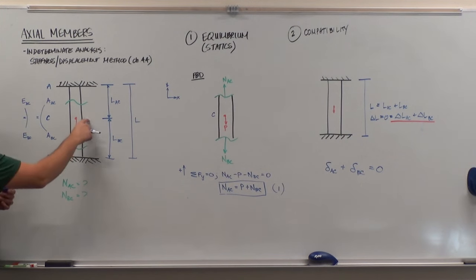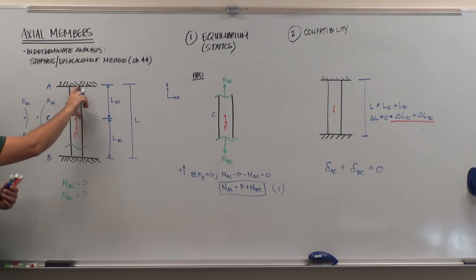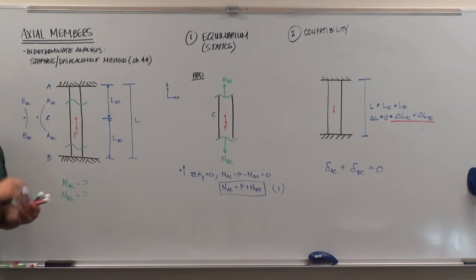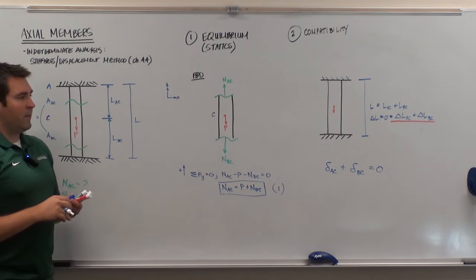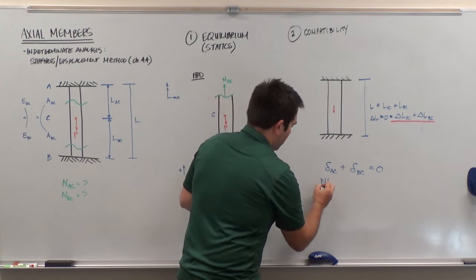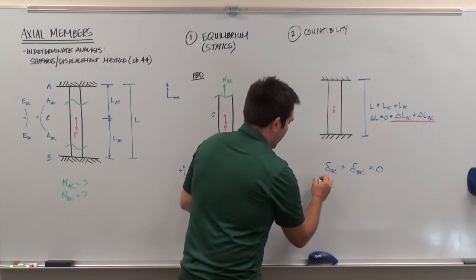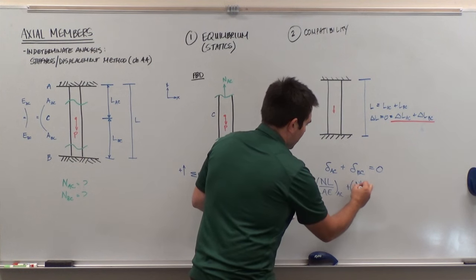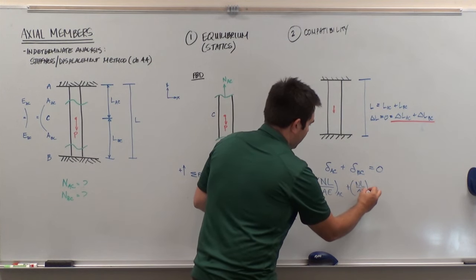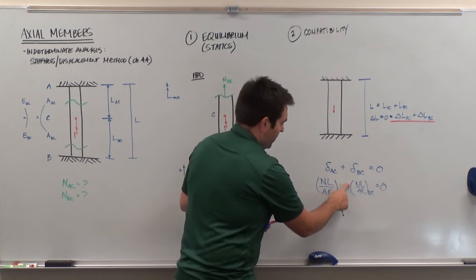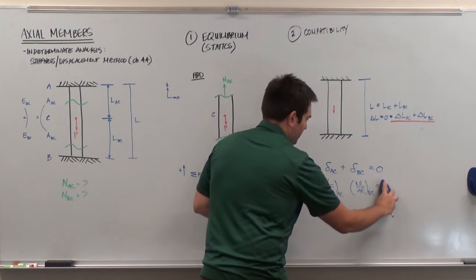And so each of these members, BC and AC, each only have their loads or reactions applied at the ends, and they have a constant cross-sectional area. So those are just individual little columns that we can define the change in length of as just NL over AE. So this is NL over AE for member AC plus NL over AE for member BC equals 0. Or in other words, let me reorganize this a little bit.